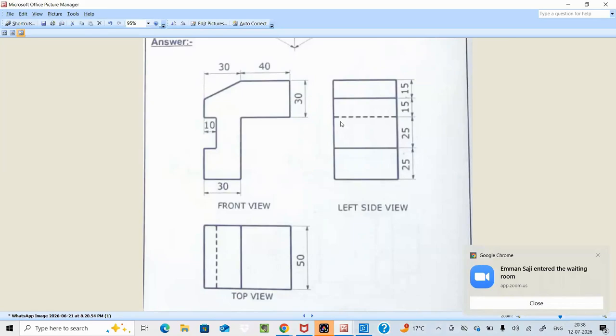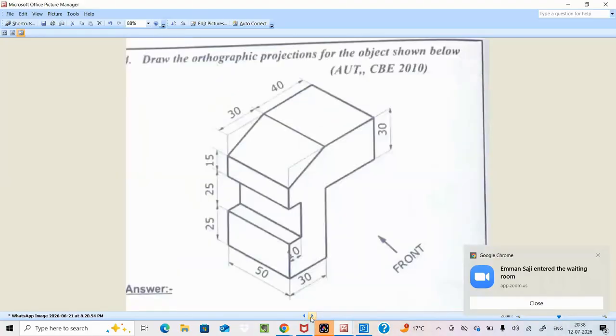The main thing to be noted here is that in the introduction class, I gave hints of how to draw the dotted lines, the dimension lines, everything, and the different types of pencils being used. This dotted line indicates a hidden part. Hidden part is nothing but, if you see this diagram, that particular hidden part will not be visible in the other view.